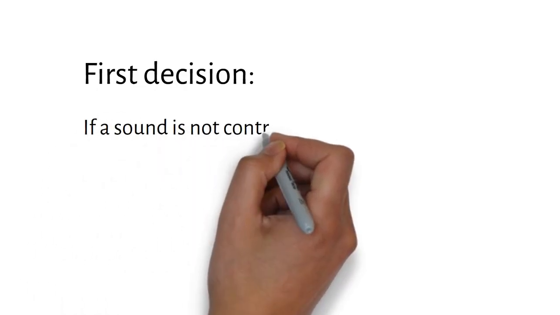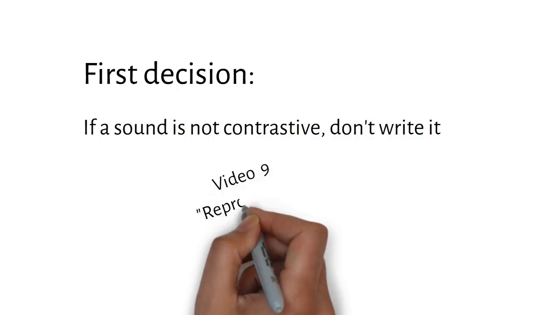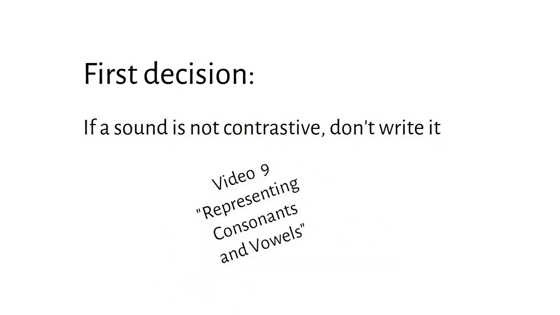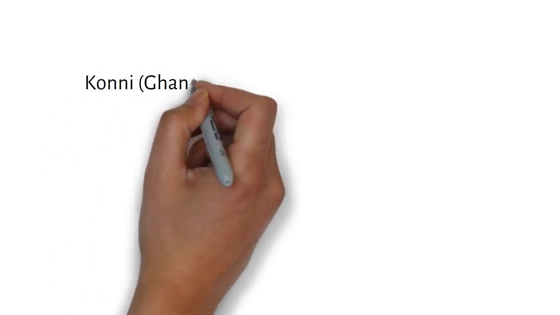What's the first decision to make when there are changes like these? One principle to start with: if a sound doesn't contrast with other sounds, don't write a separate letter for it. See video 9 on representing consonants and vowels. Here's another example from Koni in Ghana.